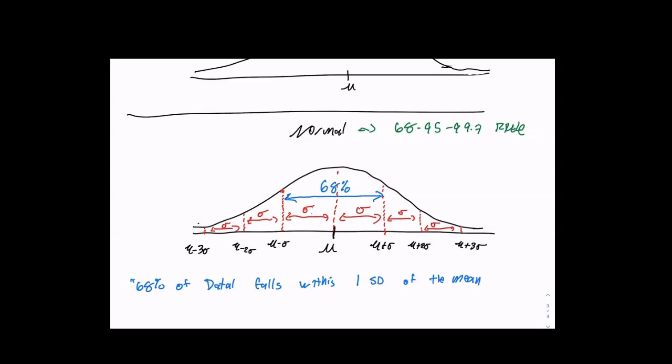Okay, 68%, which is a lot, which is most of our data. 68% is over half. Most of my data falls within one standard deviation of the mean.